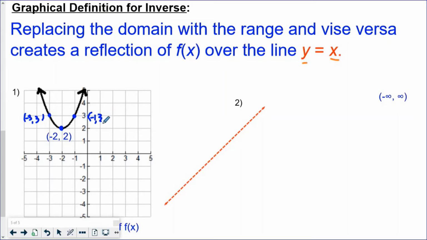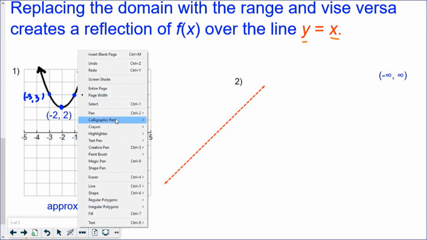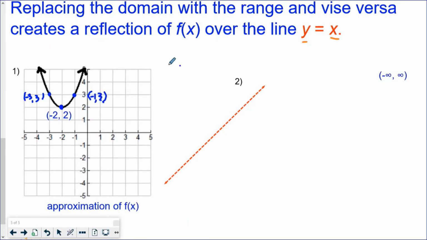What's going to happen if I want to graph the inverse of this graph, and this is a common SAT question, to find the approximation of the inverse, all I have to do is take these points, right? The points are (-3, 3), (-2, 2), and (-1, 3). And all I have to do is just reverse them.